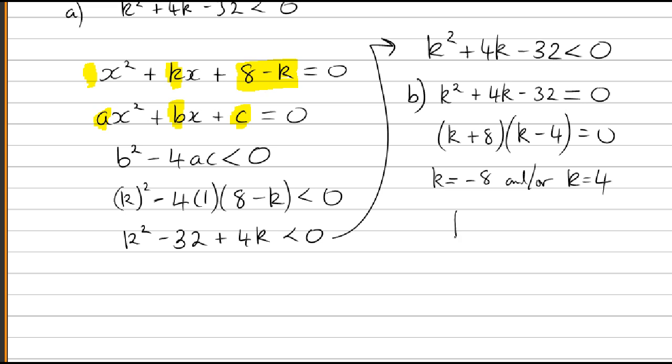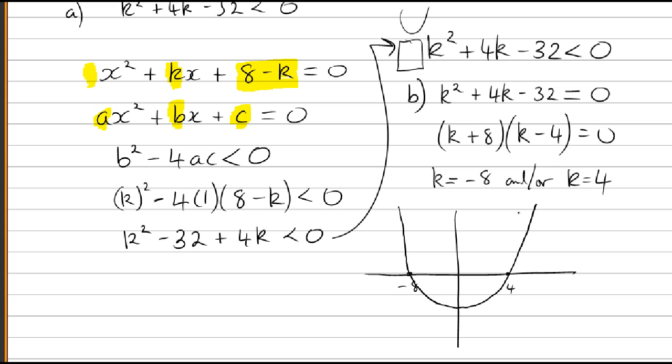So if we sketch the graph, we've got something going on at minus 8 and something going on at 4. It's a positive k squared, so we have a happy face, so it's this shape parabola, and we then look at the set of values that satisfy this inequality that are less than 0.